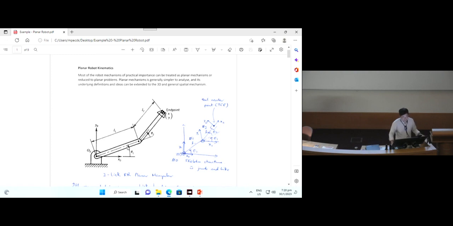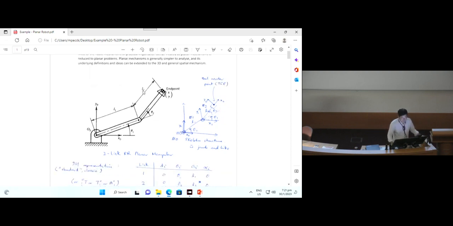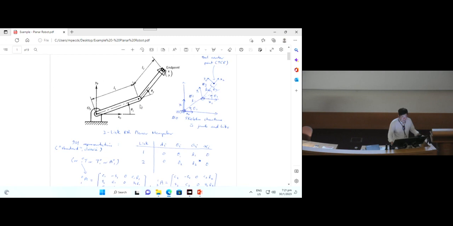This planar robot is actually quite useful. There are many applications where you only need to work on a specific plane, so you don't actually need 3D. The planar mechanism is also easier to analyze.